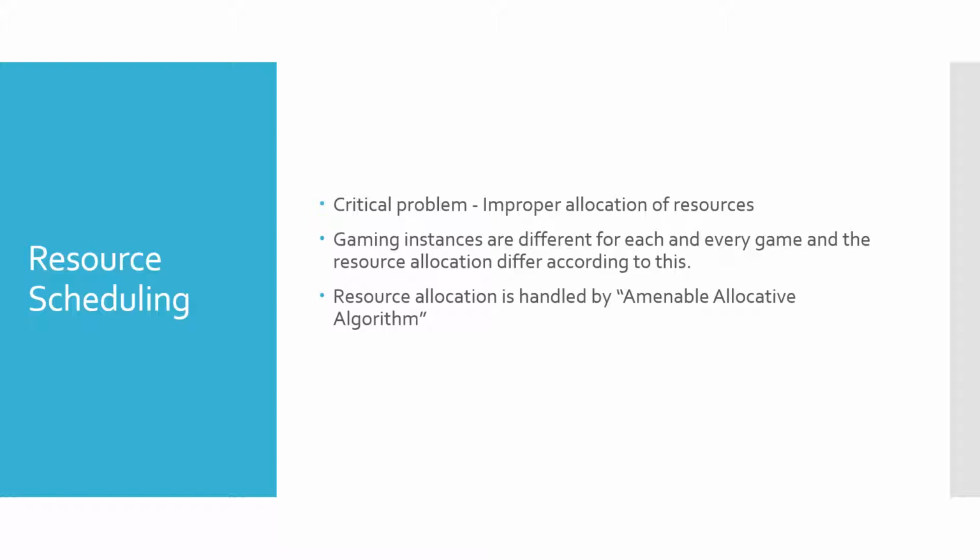For example, if Far Cry 3 is utilizing 4 GB of graphics and Call of Duty 3 is utilizing 2 GB of graphics, the gaming instance is not able to allocate properly which should be given more priority and which less priority. And within a single game itself, based on the story mode, the GPU or CPU utilization will vary.